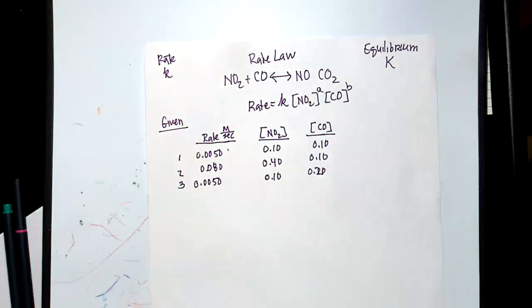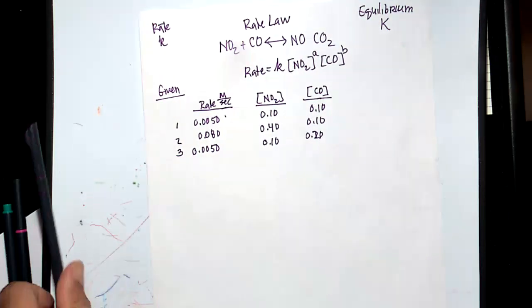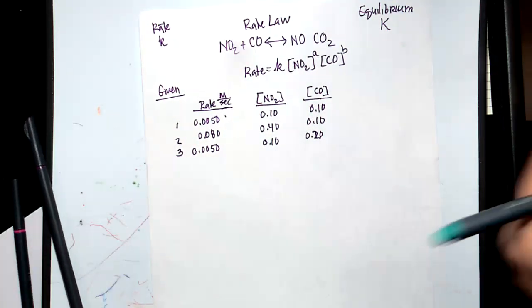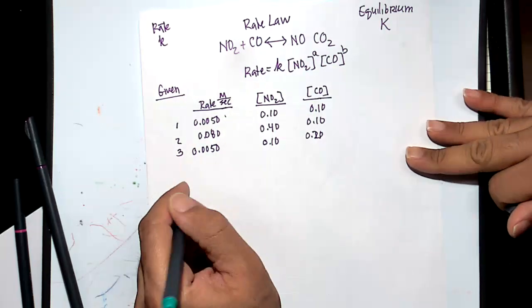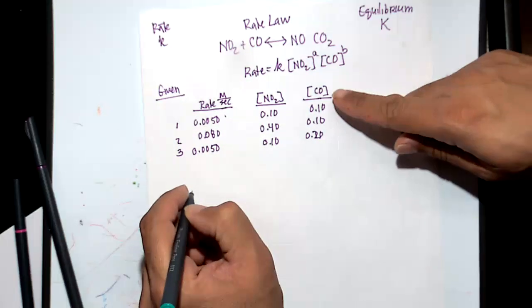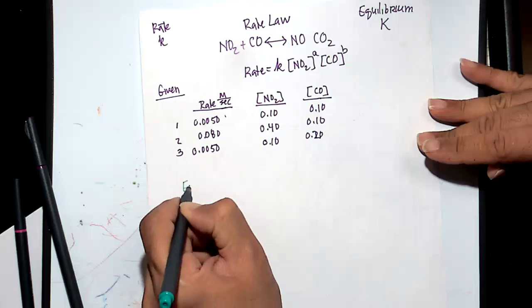Do you know how to calculate the rate law for this? Right, how will you do that? Okay, so you're going to compare experiments. So you can compare experiment 1 and 2, let's say.